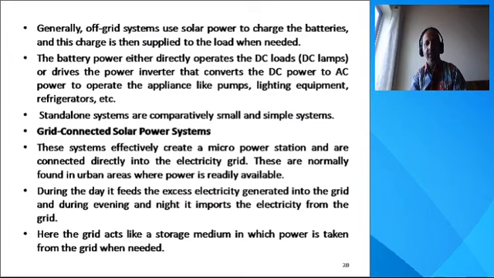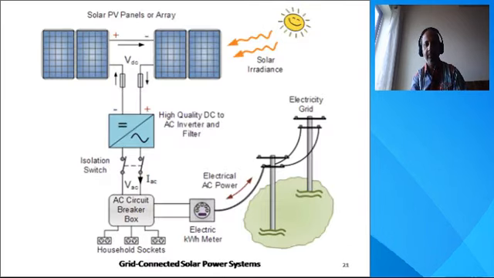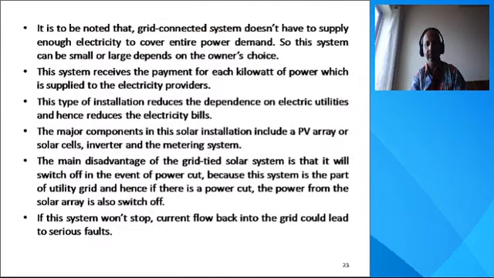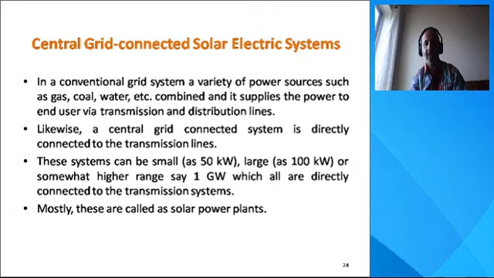Because if this system won't stop, current flowing back into the grid could lead to serious faults. Then the central grid connected solar electric system.